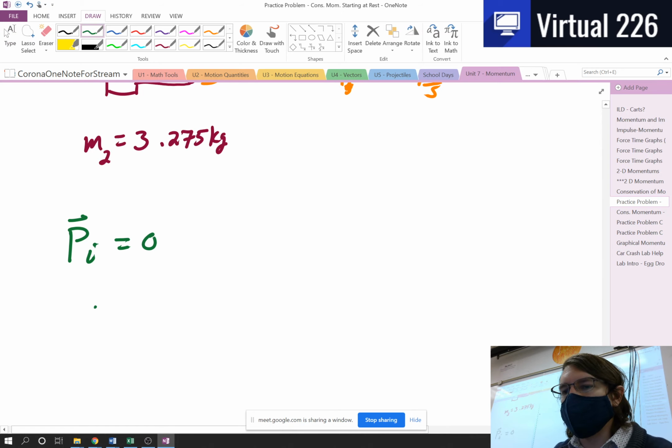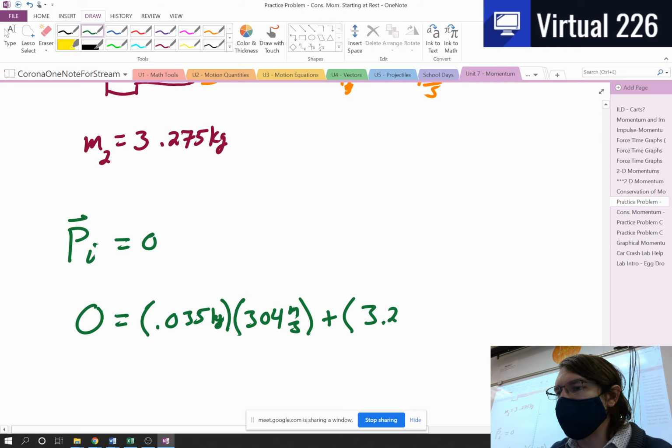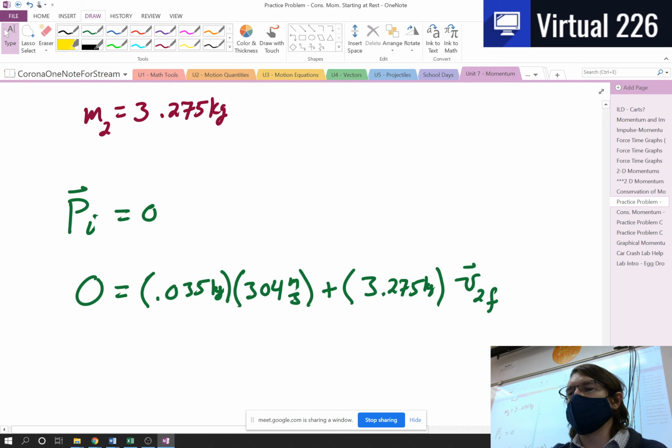So we're going to say here that 0 equals the final momentums of the bullet and the gun: the mass of the bullet, 0.035 kilograms, multiplied by its velocity, 304 meters per second, plus the mass of just the rifle, 3.275 kilograms, multiplied by that unknown rifle velocity, which is what we are looking for.